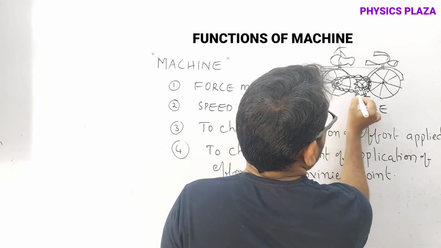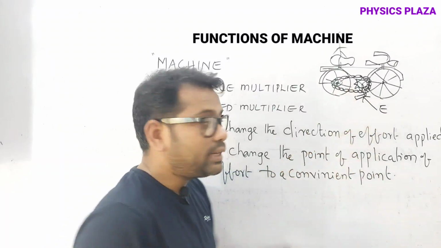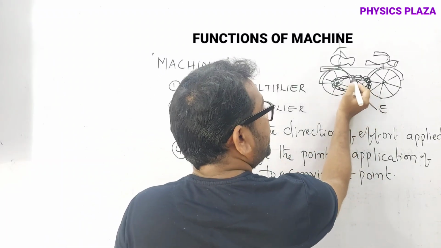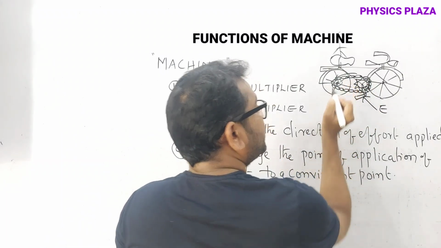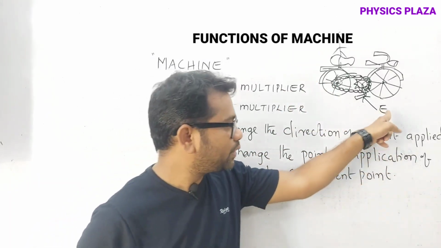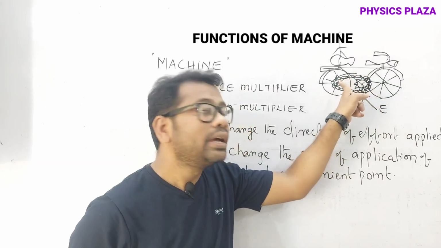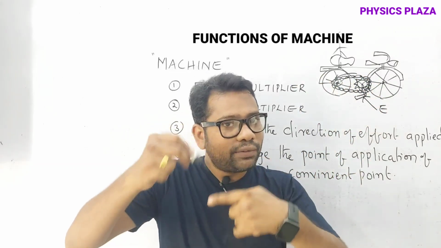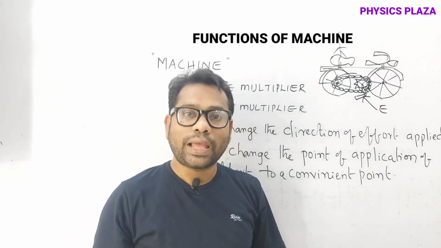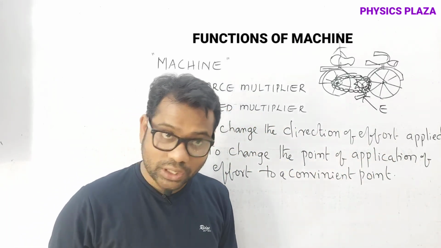Whatever effort we apply on the pedal is shifted to the rear wheel, the so-called convenient point, so that the rear wheel moves and our bicycle moves forward. Is that clear, children? Fine.